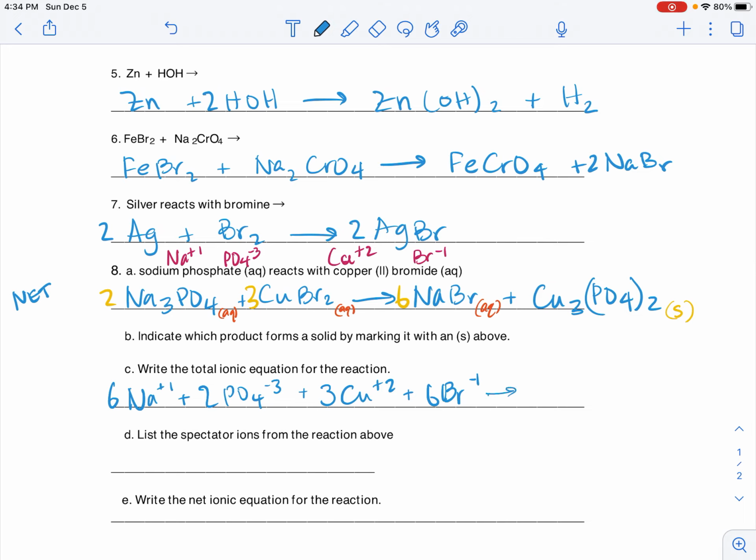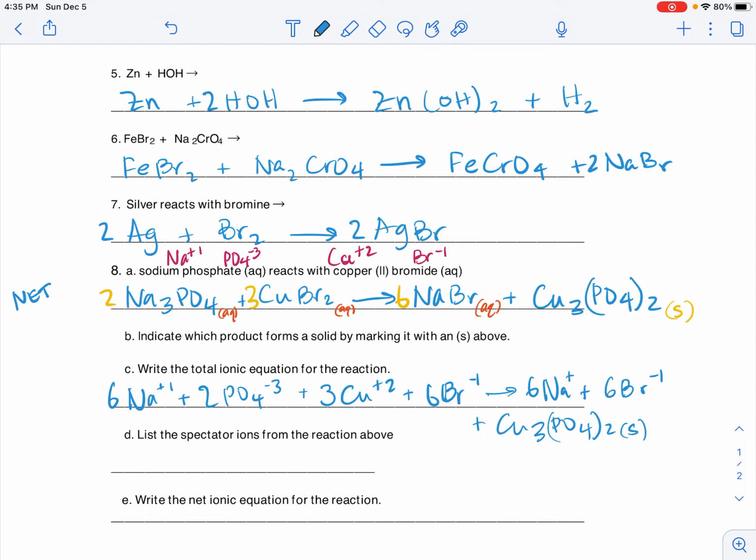Then I've got sodium bromide, 6 of those. 6 sodiums, 6 bromines. And then I did run out of room. Poor spacing. I got the copper phosphate that does not get broken up. Cu3(PO4)2, and keep the solid together. So I broke everything up except the copper phosphate.